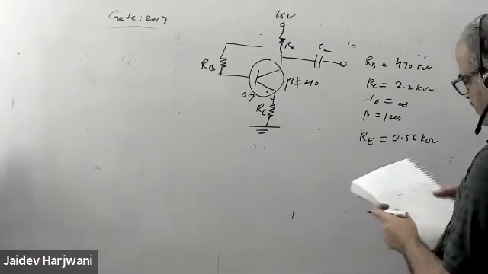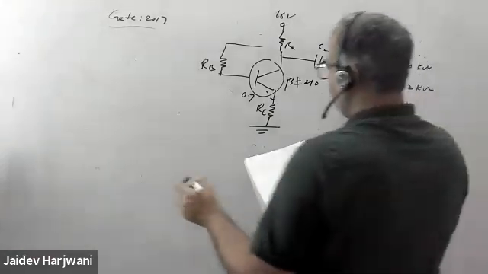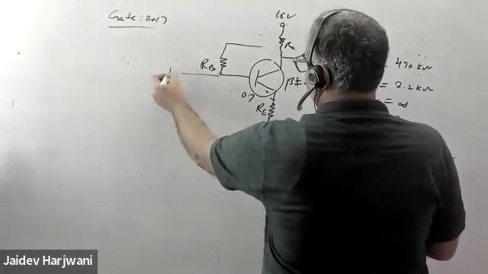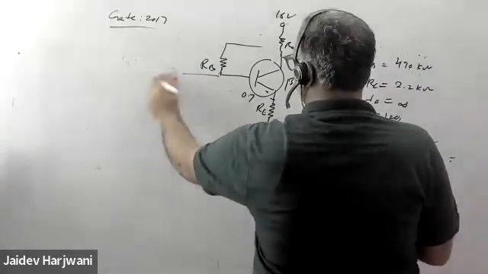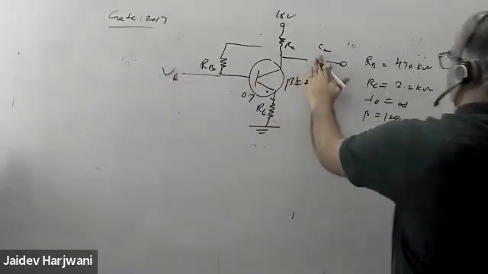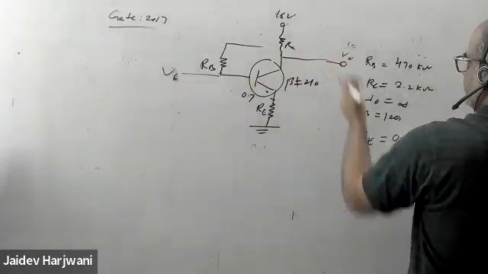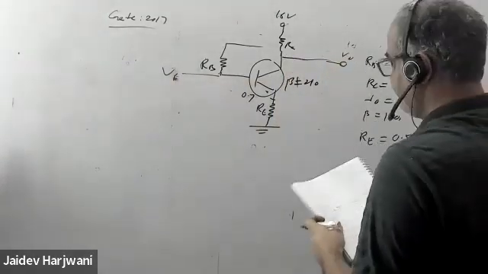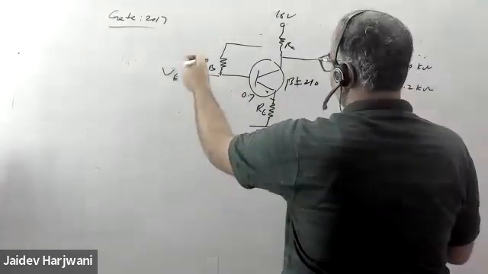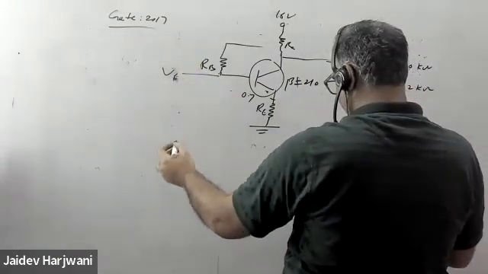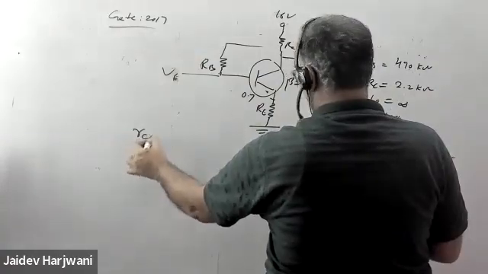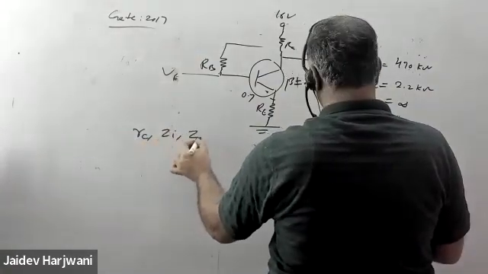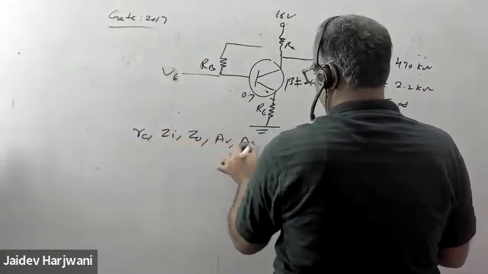Okay, and you have been asked, say this V input, and this is your V naught. Of course, there's a capacitor there. So you have to calculate RE, ZI, Z naught, AV, AI.